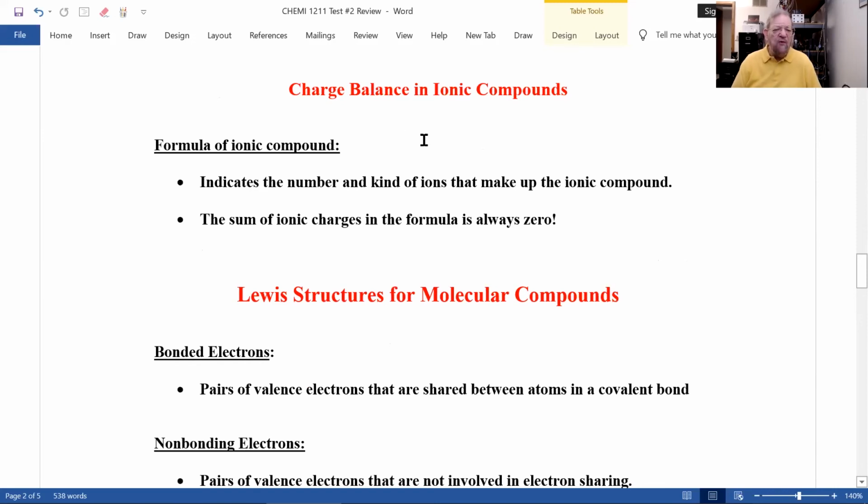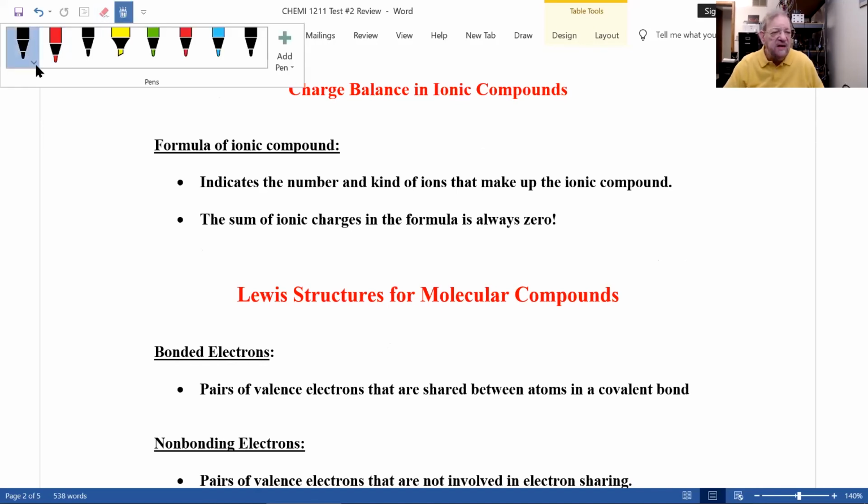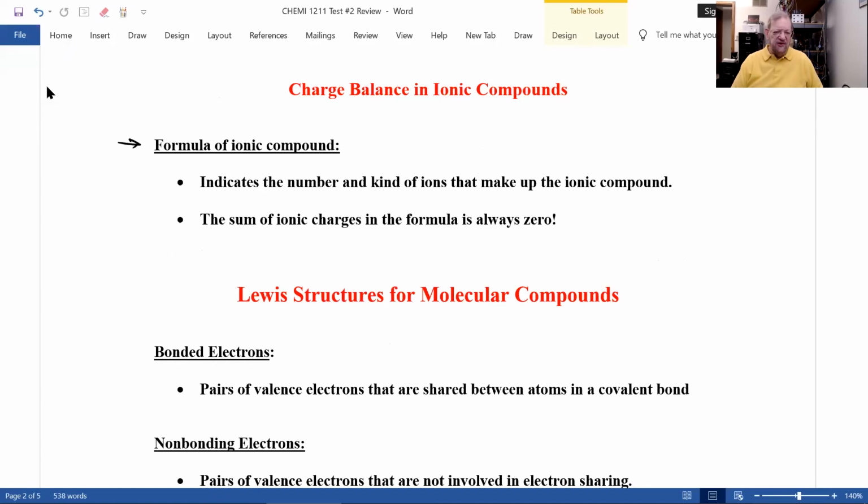Now, when we talk about charges, ionic compounds form when you transfer electrons, like in sodium chloride. And when we ask you to draw the formula or the empirical formula of an ionic compound, this indicates the number and kind of ions. And the most important thing, the ionic charges always add up to 0. Every molecule in nature has a net 0 charge.